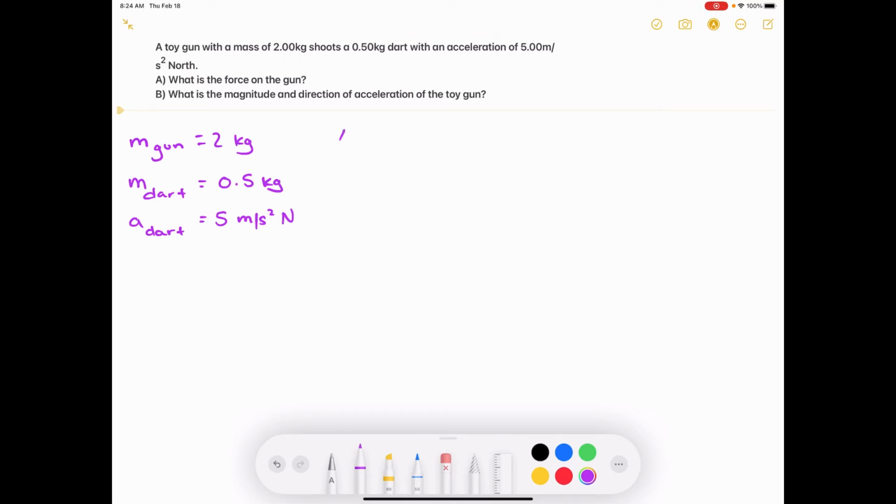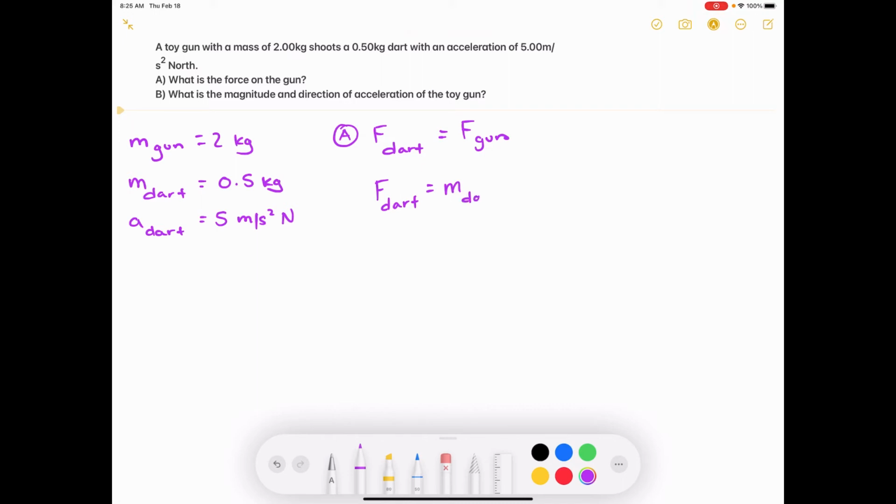So the first thing it asks us is, what is the force on the gun? So we know that Newton's third law says that for every action there's an equal and opposite reaction. So the force of the dart will equal the force of the gun. Okay, so we can solve for the force of the dart, and that will give us our gun force because they're exactly the same.